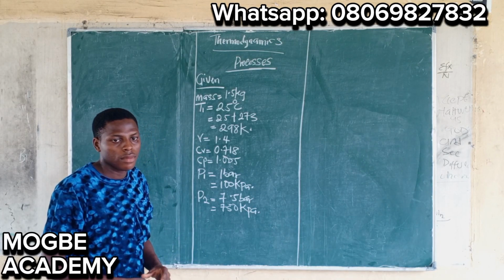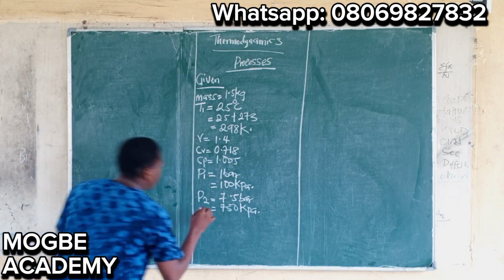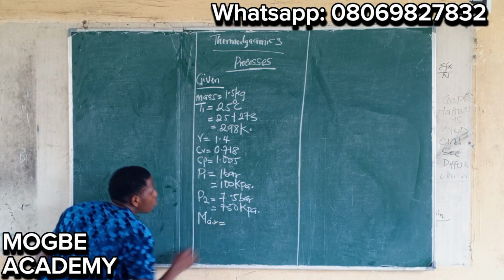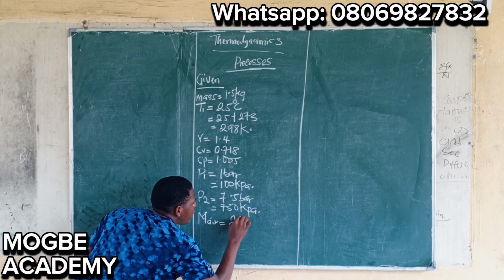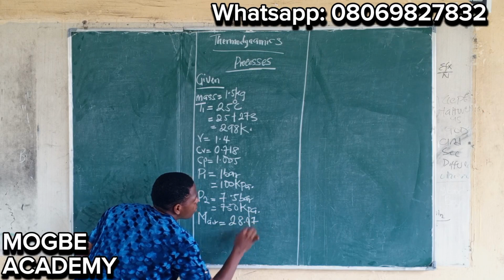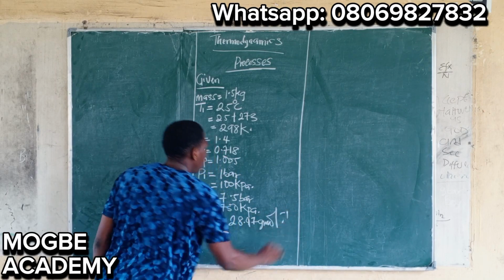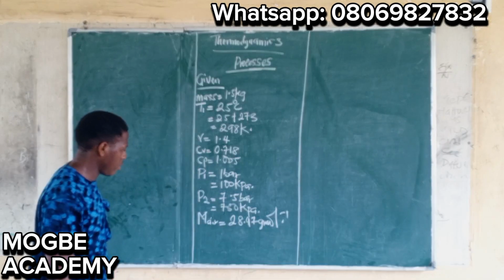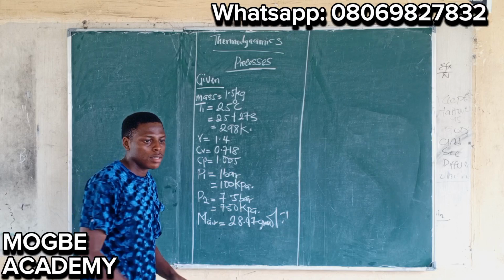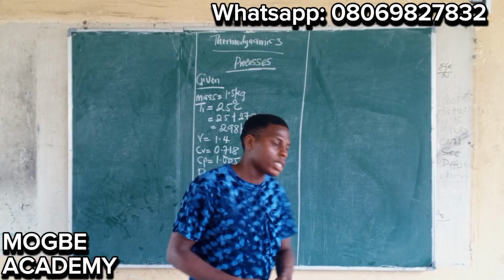They also give us the molecular weight of air, 28.97 gram per mole. Since we are given the molecular mass, what are we to find? R, the specific gas constant.